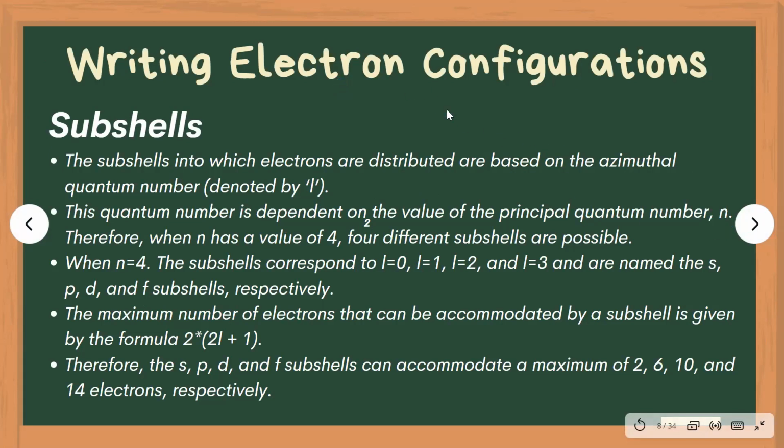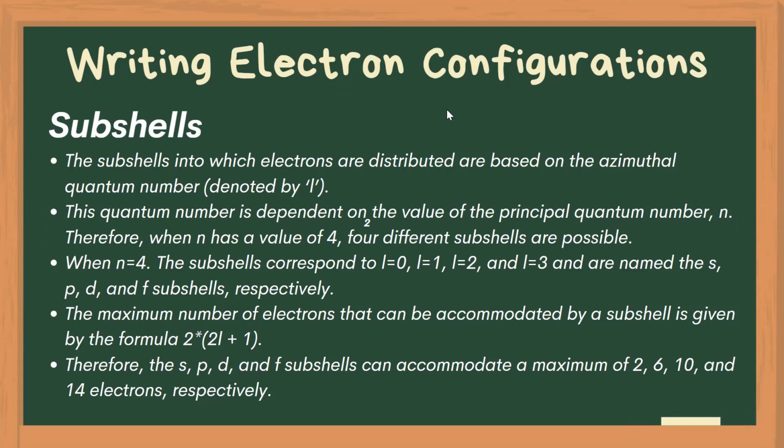Now, let's go to the subshell. The subshells into which electrons are distributed are based on the azimuthal quantum number. This quantum number is dependent on the value of the principal quantum number n, and therefore n has a value of 4, 4 different subshells are possible.